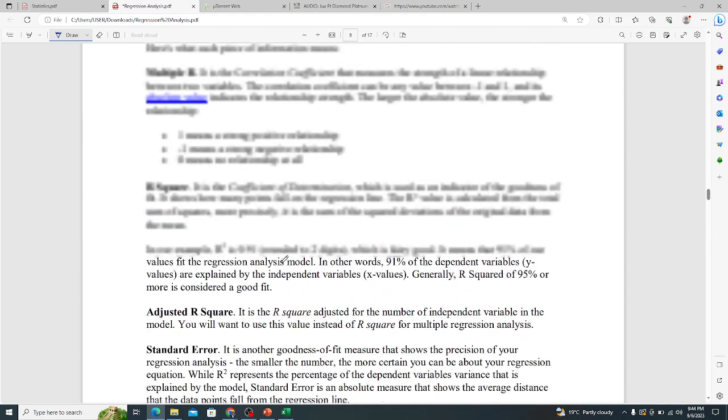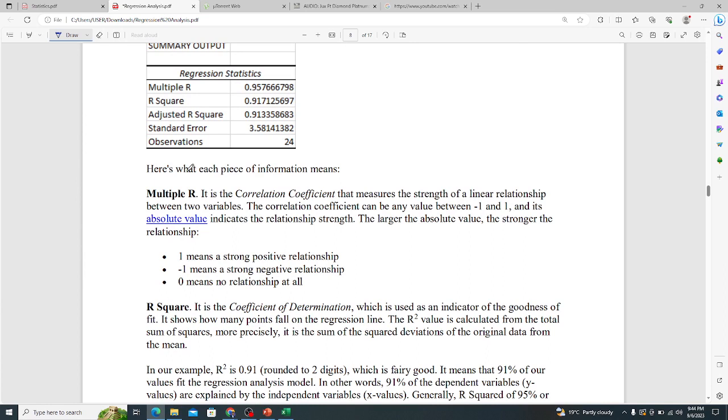All right. Good. So we had the multiple R. The multiple R is the correlation coefficient, as I had told you, and it measures the strength of the linear relationship between the two variables.